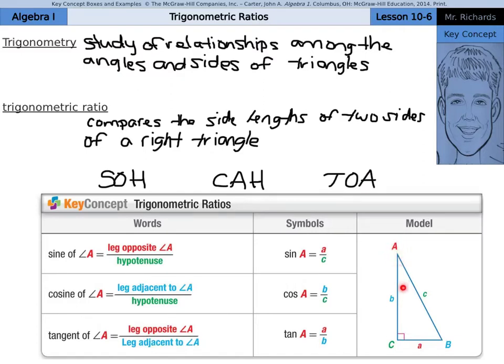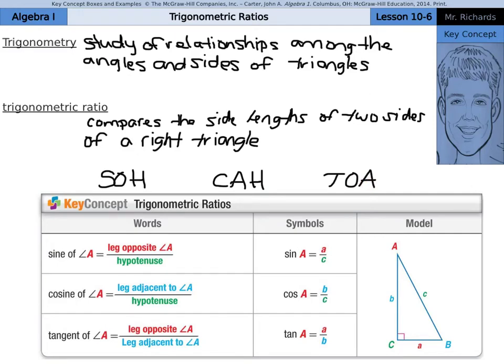If we look at these relationships, the sine of angle A is opposite over hypotenuse. So the opposite side of A is this A, and the hypotenuse in this triangle is opposite the right angle, so C, so A over C. The cosine of angle A is adjacent over hypotenuse. The side adjacent to A is B. The hypotenuse is still C. And tangent of angle A is opposite over adjacent.